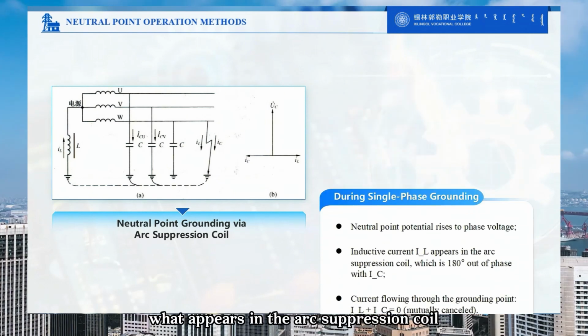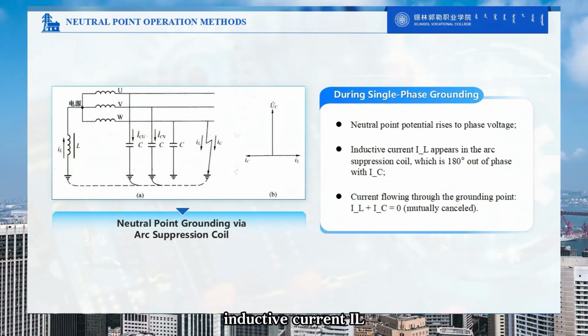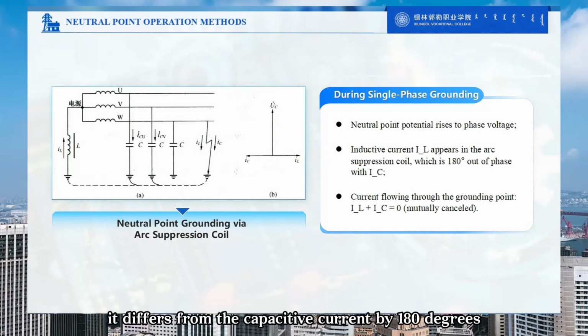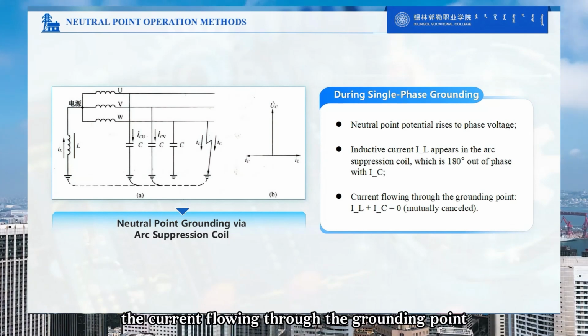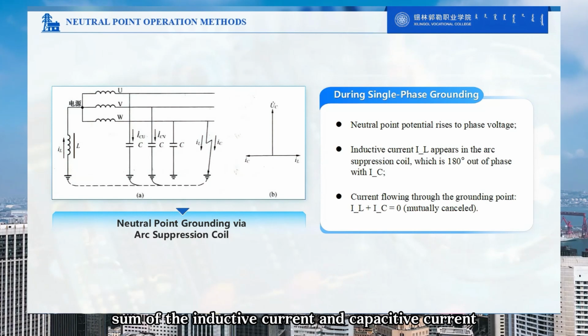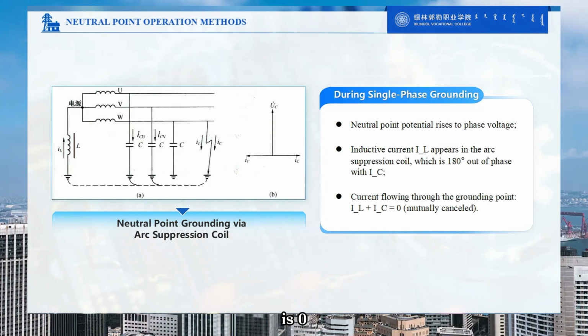What appears in the arc suppression coil? Inductive current IL. It differs from the capacitive current by 180 degrees in phase. The current flowing through the grounding point is 0. The phasor sum of the inductive current and capacitive current is 0, canceling each other out.